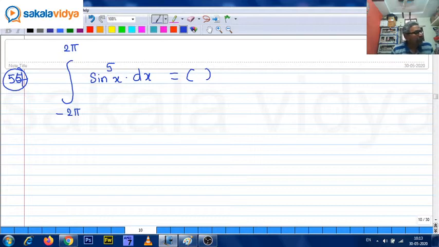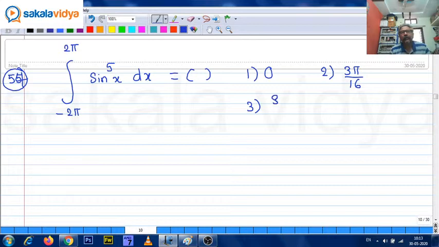First option is 0. Second option is 3 pi by 16. Third option is 8 by 15. Fourth option is 27 by 16.